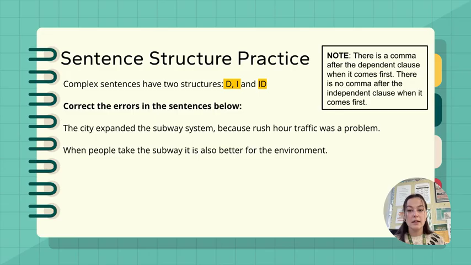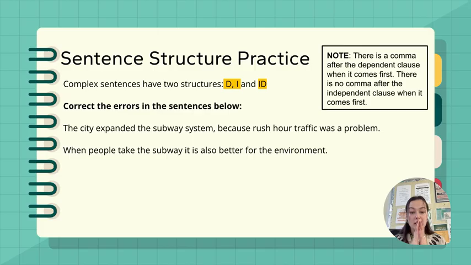So here's some sentence structure practice. We just looked at independent clause, comma, coordinating conjunction, independent clause. Those are compound sentences. Here we have some complex sentences, and these are the two structures we need to know. So we have a dependent clause, comma, independent clause, and then we have an independent clause, dependent clause without a comma.